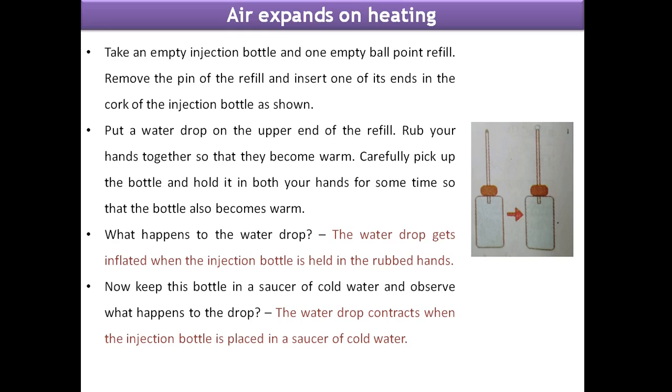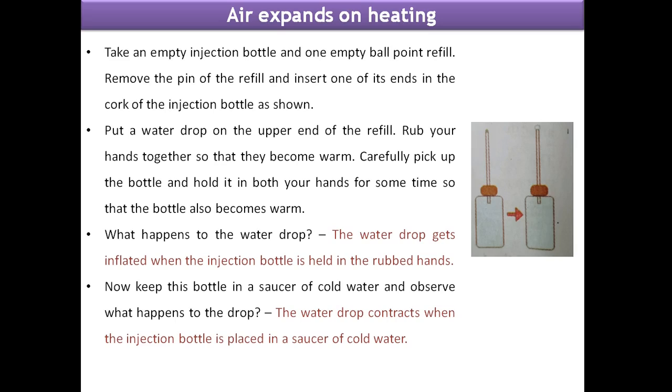The water drop gets inflated, that is blown up, when the injection bottle is held in the rubbed hands. Now keep the bottle in a saucer of cold water and observe what happens to the water drop. The water drop contracts when the injection bottle is placed in a saucer of cold water.